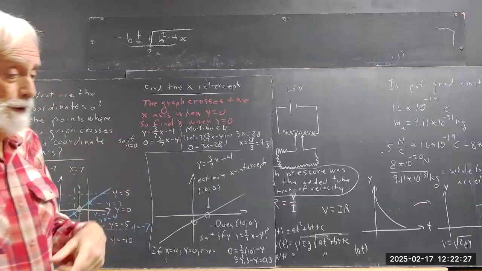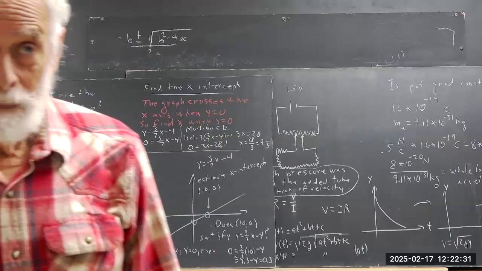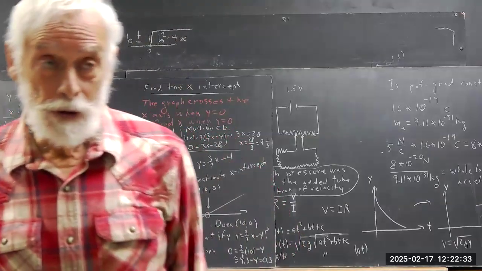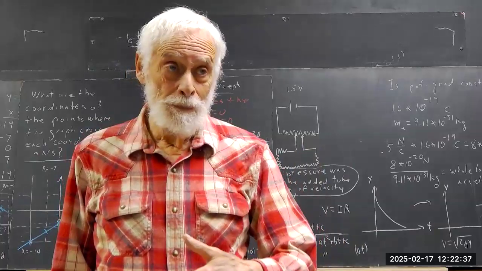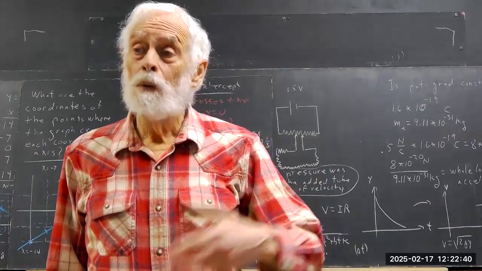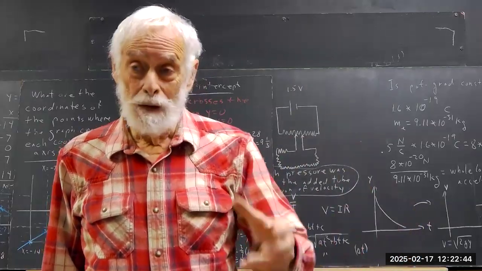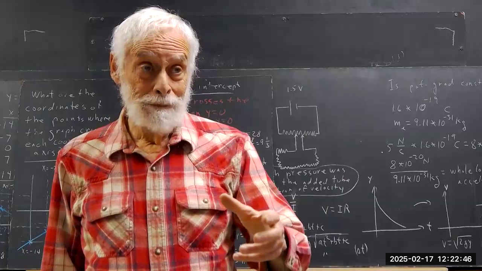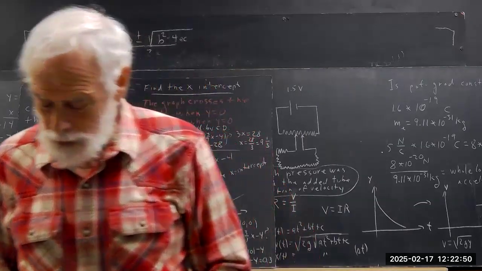Think that through, because that's what people keep missing throughout a pre-calculus course. They can't find intercepts because they don't know that the x-intercept occurs when y equals 0, and the y-intercept occurs when x equals 0. They keep missing that step and get hung up on something really simple. Okay? So try to lock that in.